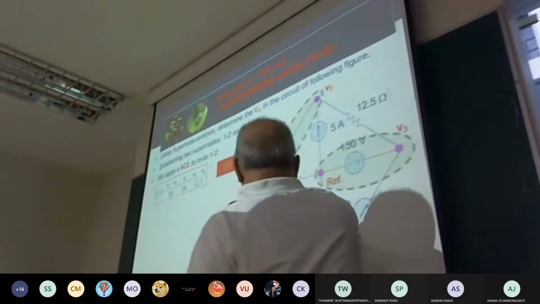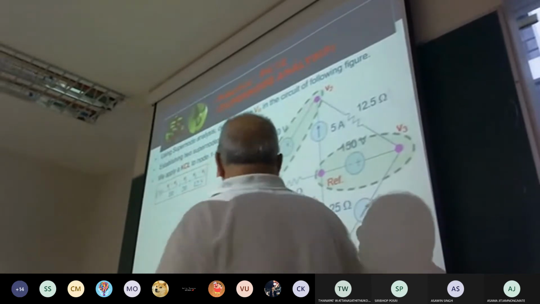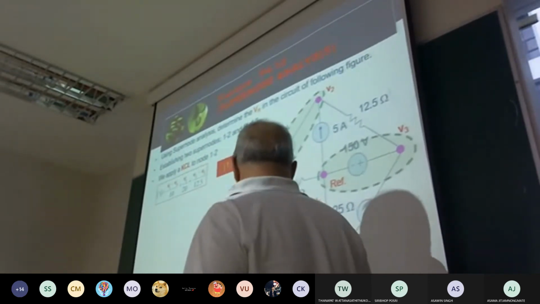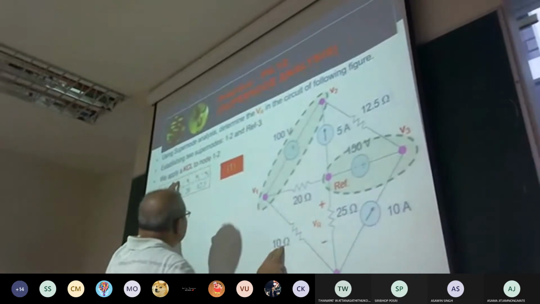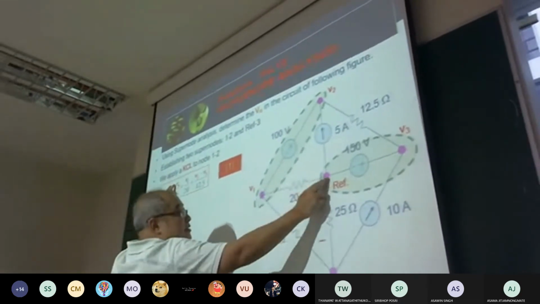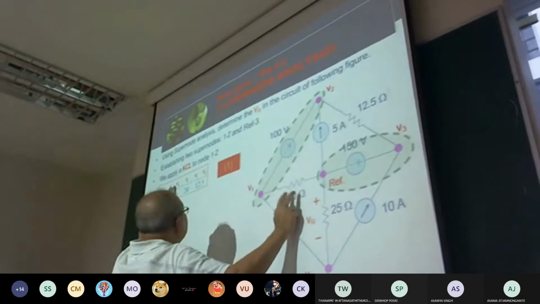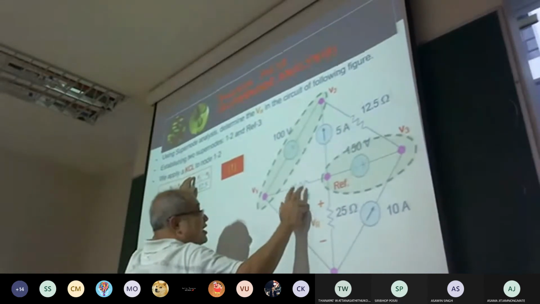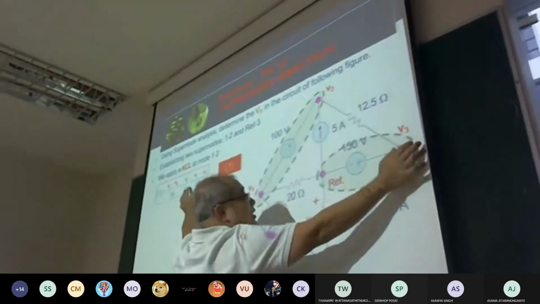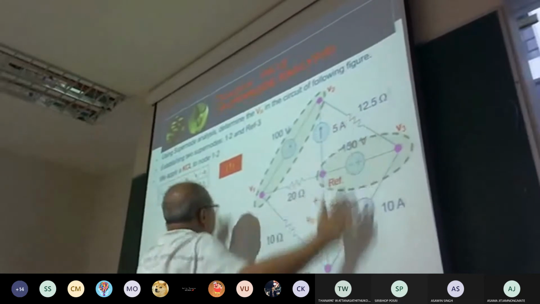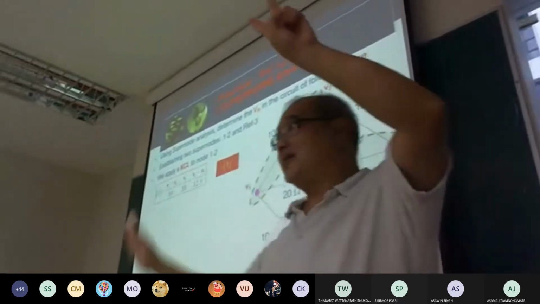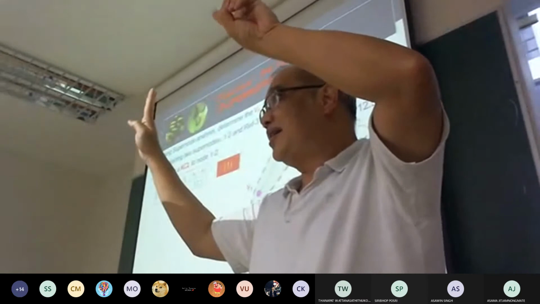Here is V1 minus V4 divided by 10, V1 minus 0 divided by 20, and V2 minus V3 divided by 12.5. That's the first equation you get.